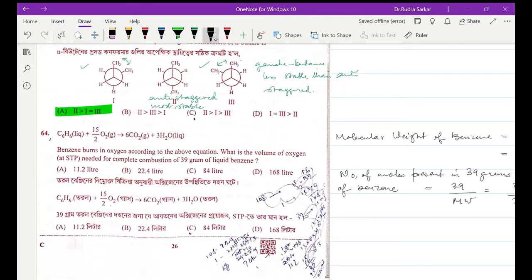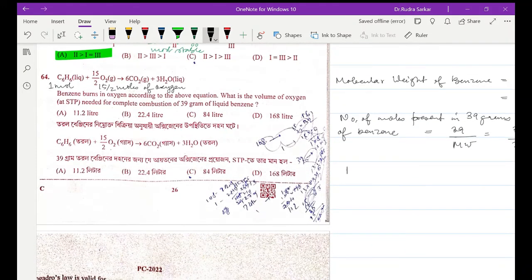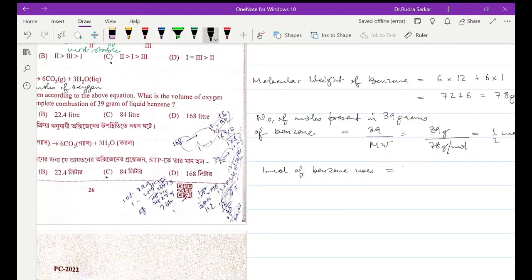So now, as you can see over here, 1 mole is using 15 by 2 moles of oxygen. So we will say 1 mole of benzene uses 15 by 2 moles of O2.